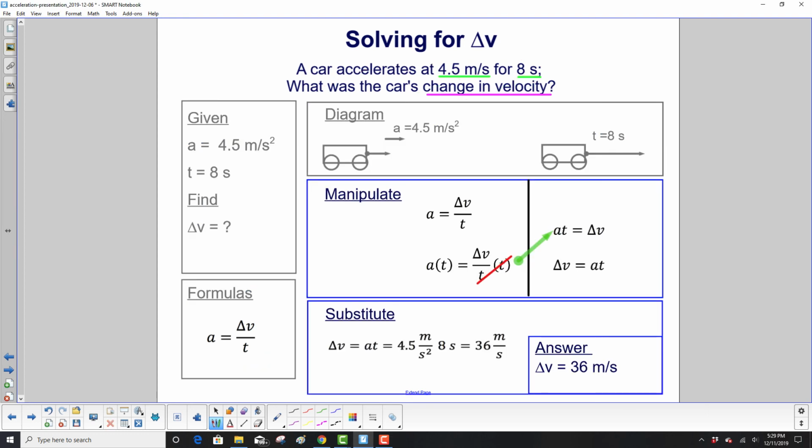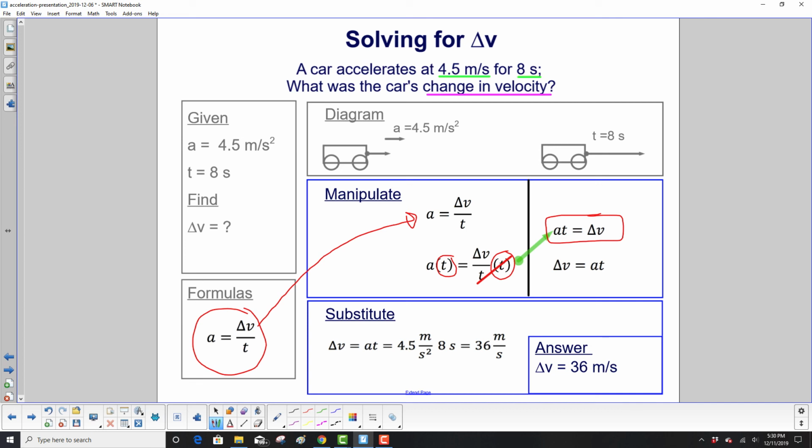We want to find change in velocity, and our equation has acceleration on the left side. We move it up here to the manipulate box, and then we want to isolate delta V. We want to undo the division by t, so we multiply by t. Then we have to do that to the other side also, so we have a times t. That's what we have here. And then we switch it, so delta V is on the left-hand side.